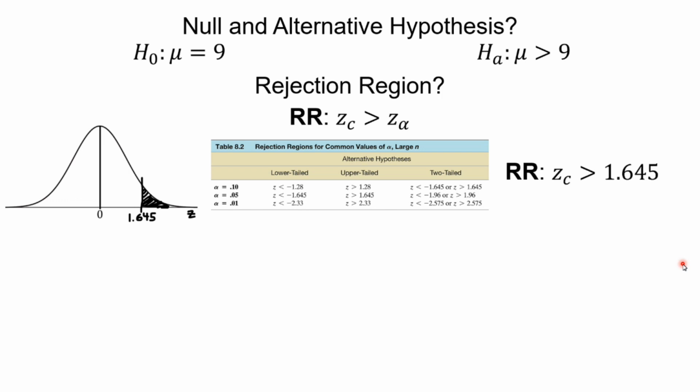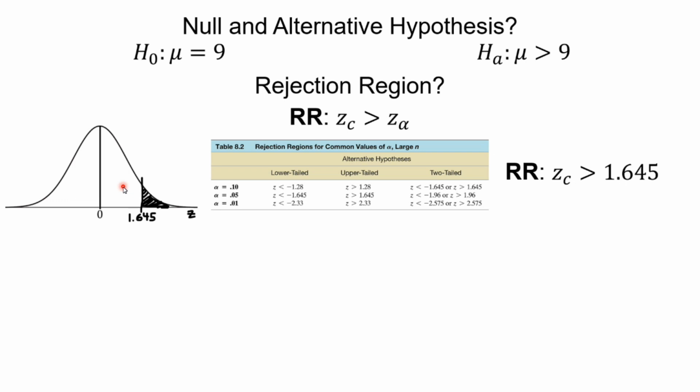You can see that from the table. It's also a working backwards problem from way back in chapter 5. If you look at this picture right here, this is 5% area. To communicate with our table, which is in our pink probability table packet from before the coronavirus, we'd have to look in the body of the table for 0.4500.